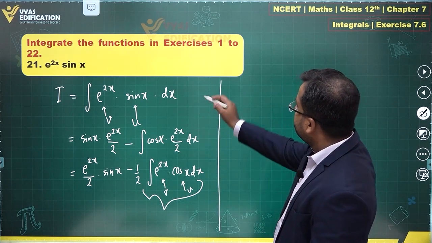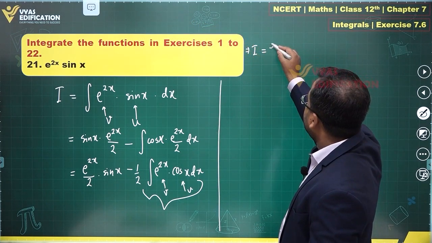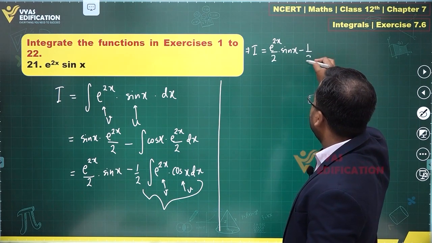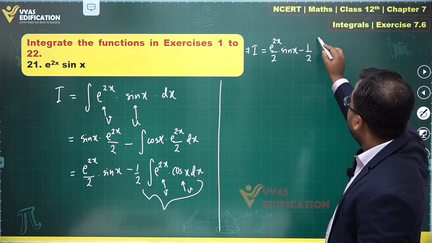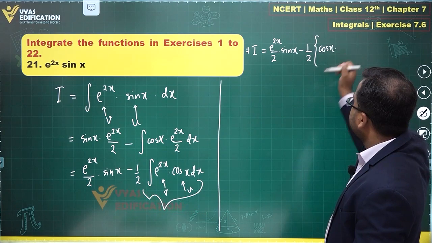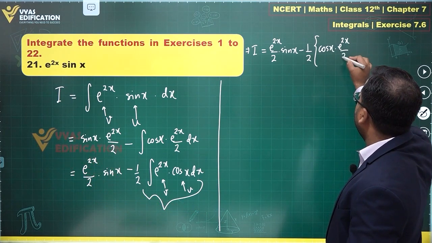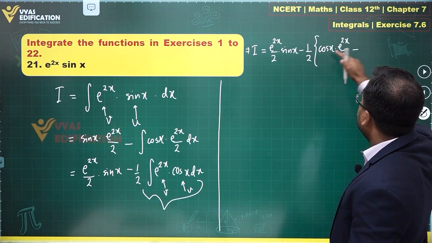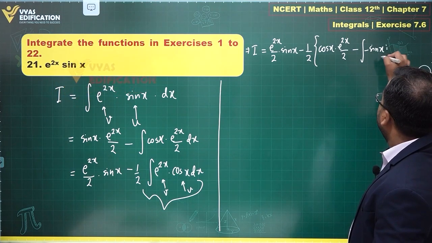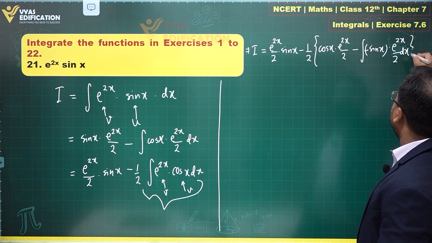And with the help of this, I is equal to e power 2x by 2 sin x minus 1 by 2, okay? In brackets, what you'll get, first function, which is cos x, times integral of e power 2x, which is e power 2x by 2, minus derivative of cos x, which is minus sin x, times integral of e power 2x, which is e power 2x by 2 dx, is what I get in the bracket.